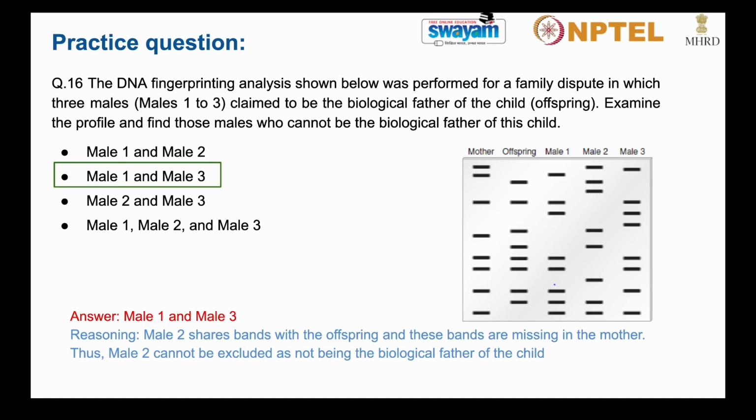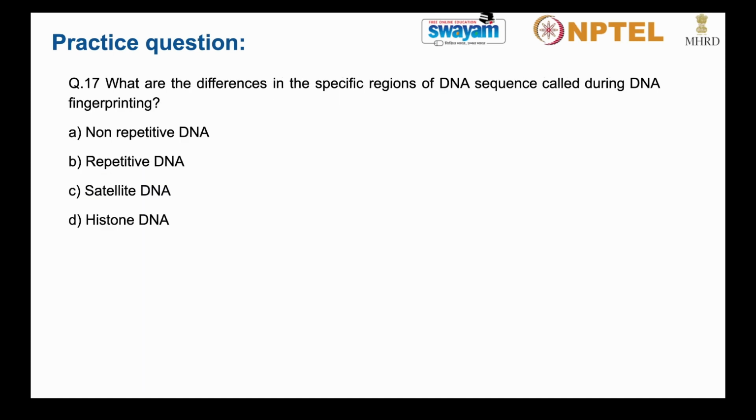So now let's move further, and this is another question, which says, what are the differences in the specific regions of the DNA sequence called during DNA fingerprinting? So this is saying when you perform DNA fingerprinting and you observe the differences in specific regions, what are those regions called?